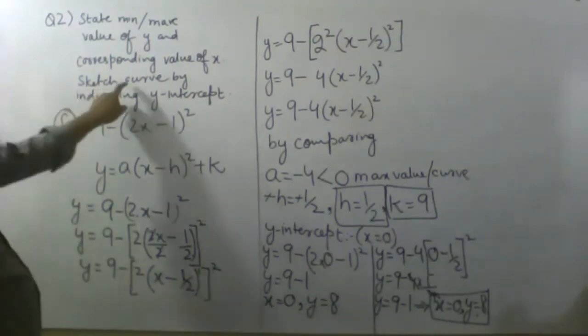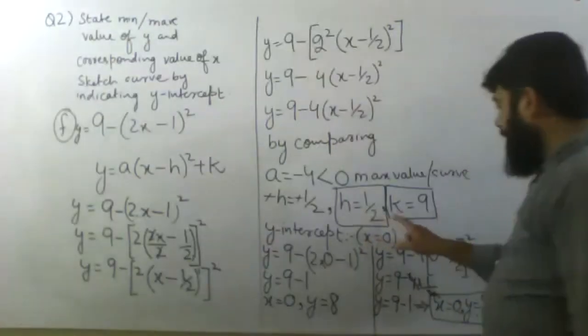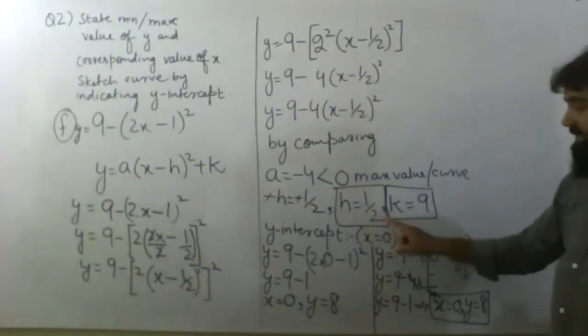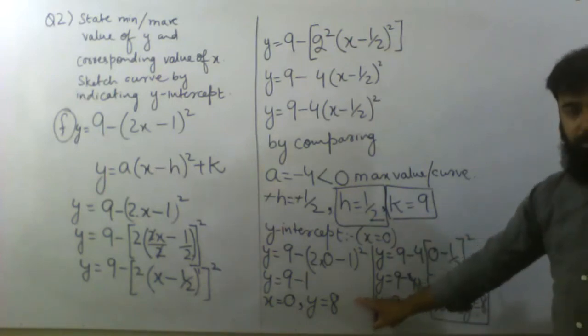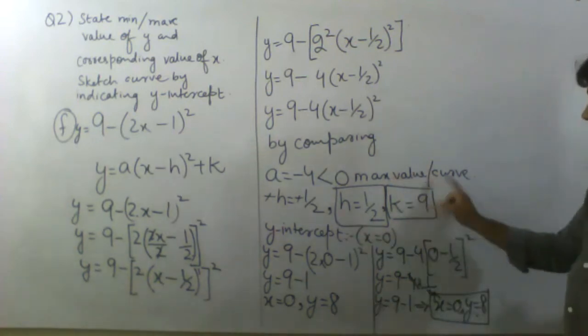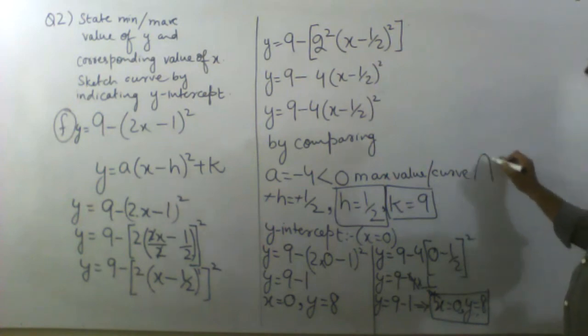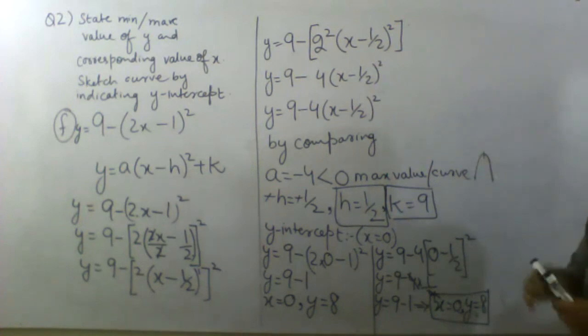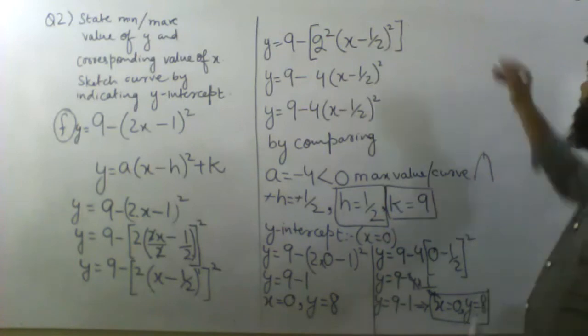Now, sketching the curve. These are the turning points. h is half, k is 9. This is your y-intercept. I will have a maximum value or maximum curve, meaning I will be having this kind of curve. First of all, I am going to plot my turning point.